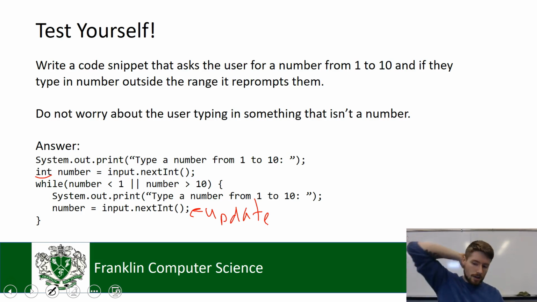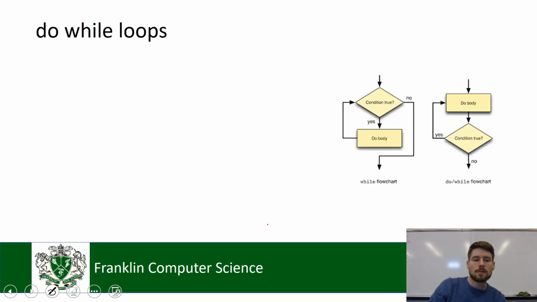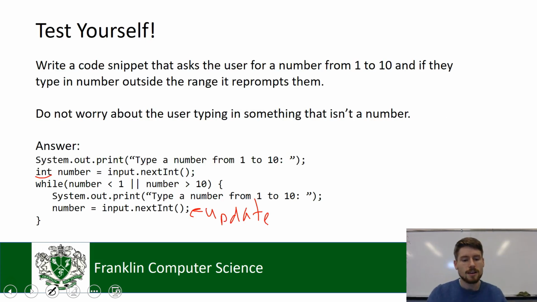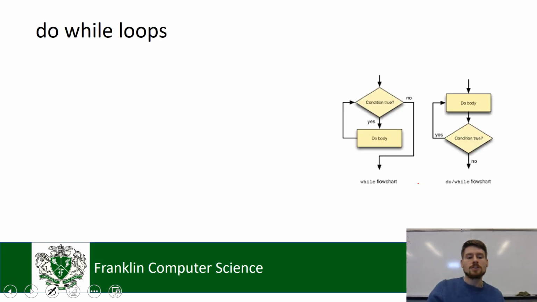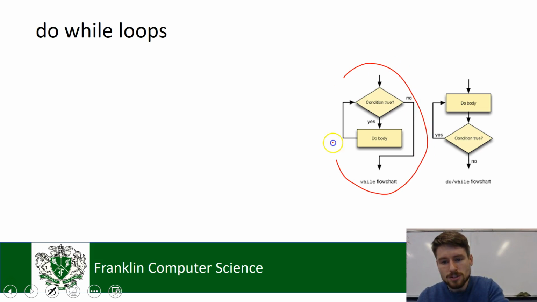So a slicker way of doing this was thought up, which is to write what's called a do-while loop. The do-while loop reverses where the test is. Instead of having the test be the first thing, so this is where we test first, we instead do a test last. This is the general structure for a while loop, that's what we're used to, that's the while flow chart.